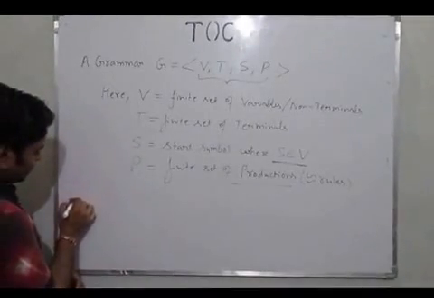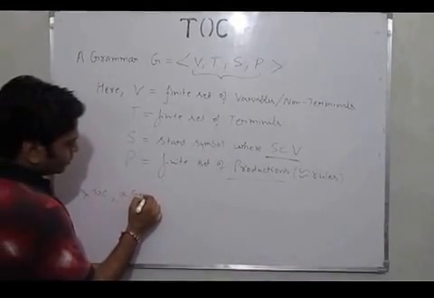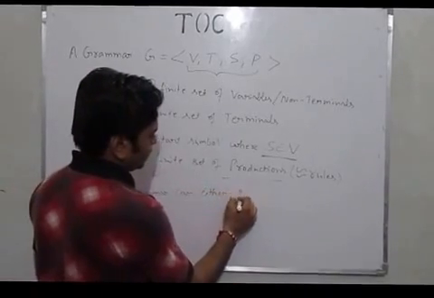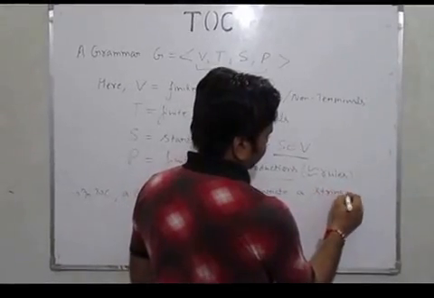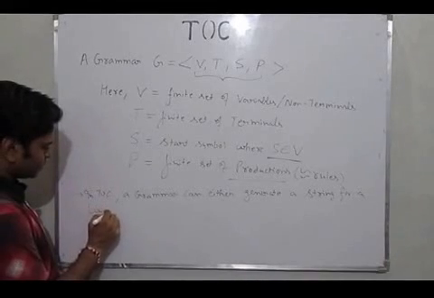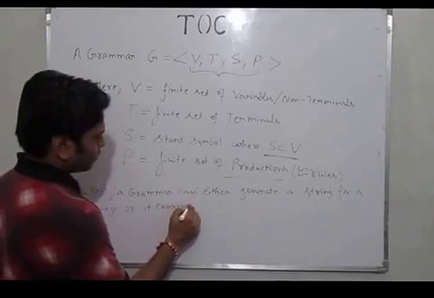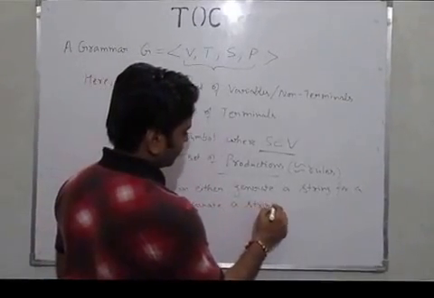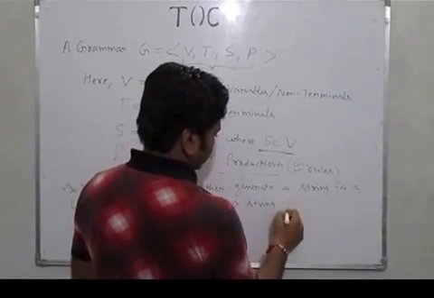And in TOC, a grammar can either generate a string for a language, or it cannot generate a string for a language.